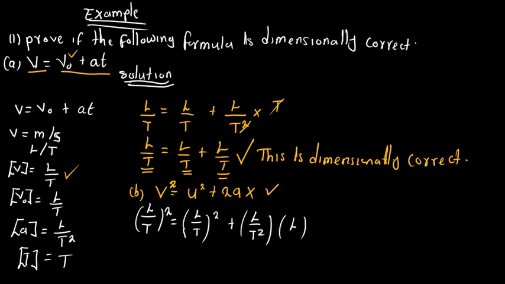So what is going to happen is this. Look at this. L over T to the power 2 is going to be L to the power 2 over T to the power 2, equal to L to the power 2 over T to the power 2 plus L multiplied by L, it's L to the power 2 over T power 2. Have you seen?